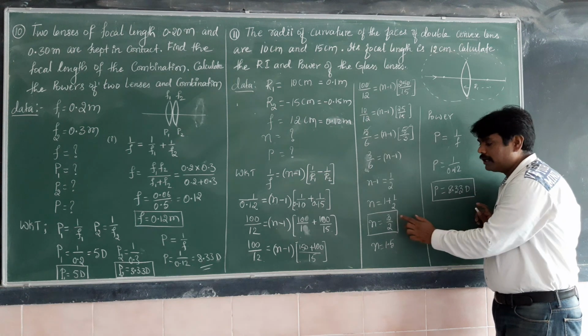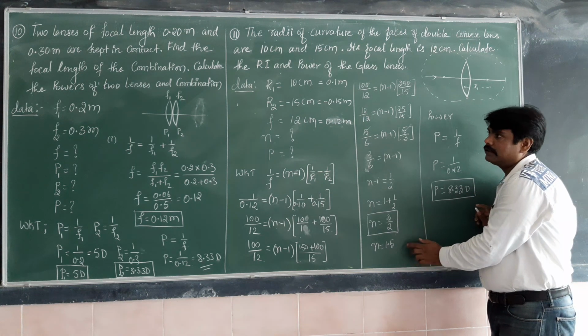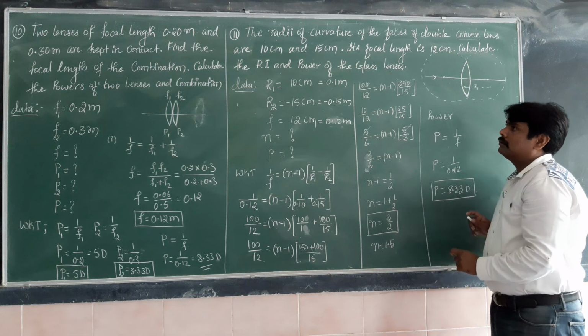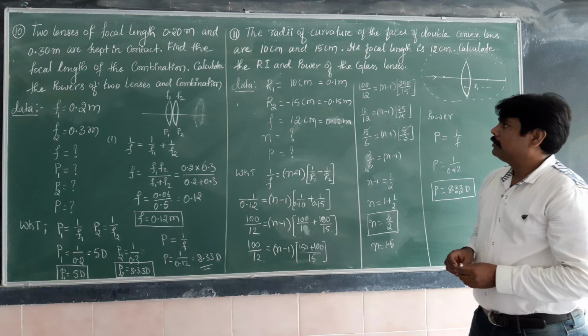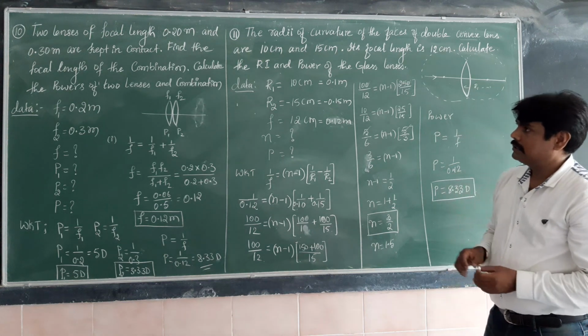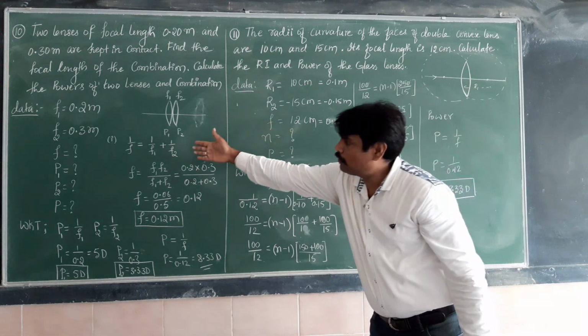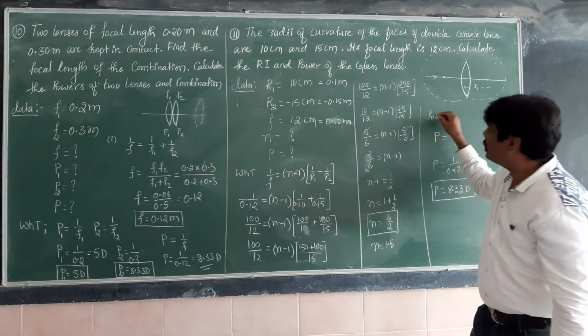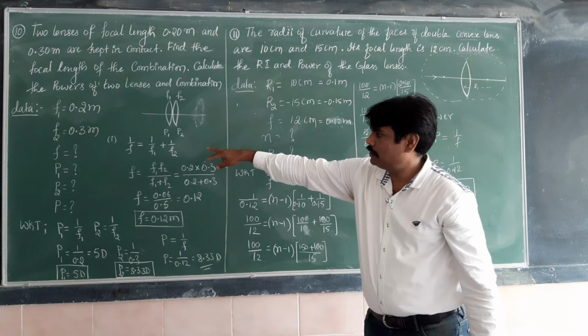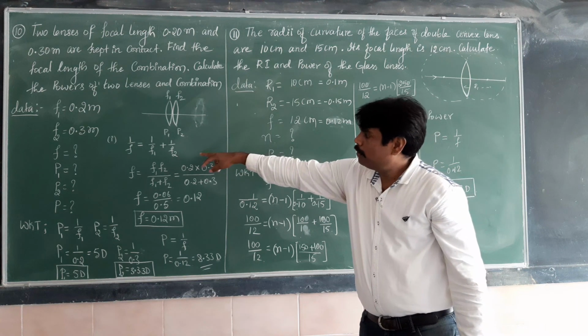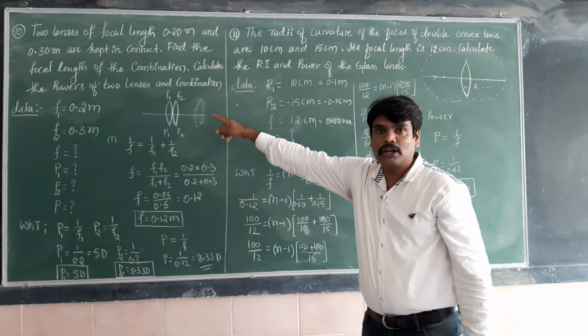In this way, one can solve problems on lenses. In the first part, the Lensmaker's formula is used. In problem number 10, we used the combination of two thin lenses in contact.